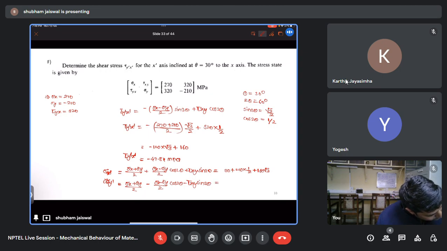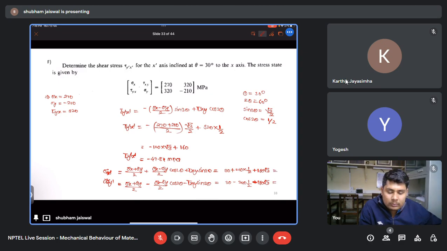And then 30 minus 240 into 1 by 2 minus 160 root 3. So it comes out to be how much?